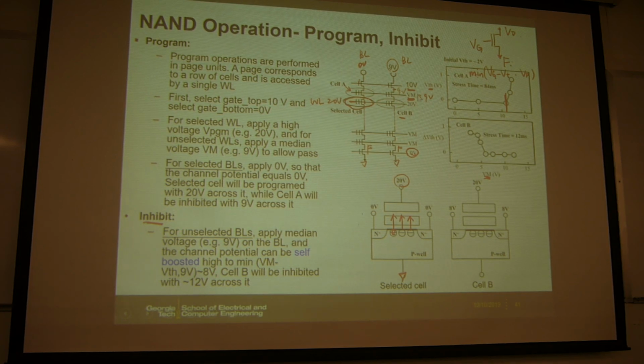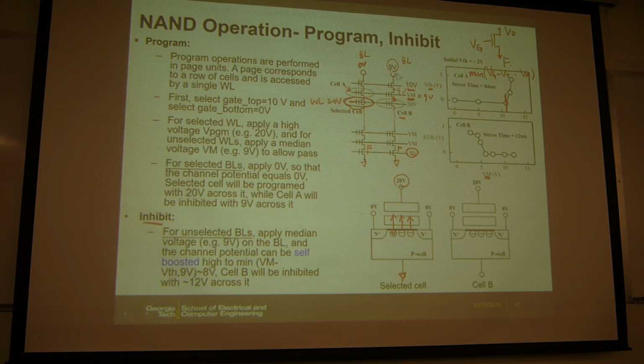So this Vm is tricky, okay? Vm cannot be too small. If Vm is very small, as we discussed here, the source side of the Vm, or this transistor, can only be Vm minus Vth.